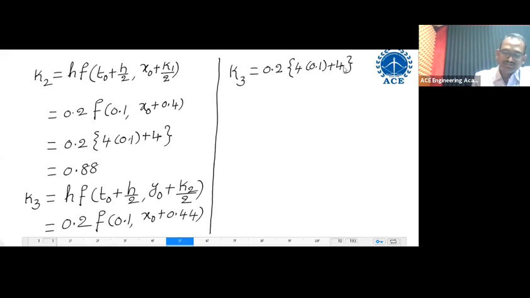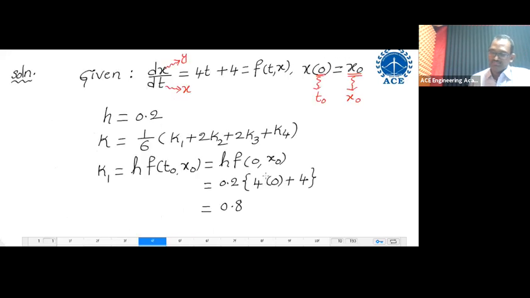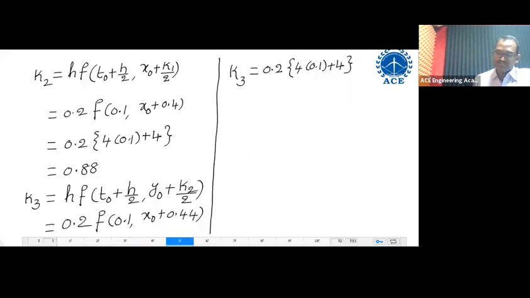Same as before, k1 is f of 0 comma x naught, which is 4 into 0 plus 4. Correct only, please be careful. What is k3? k3 also has the same value, 0.88.